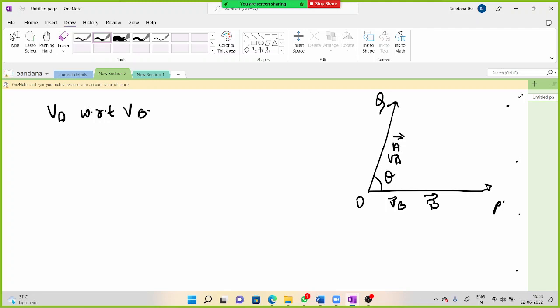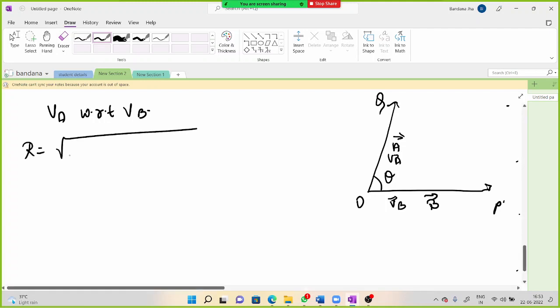For that, before starting these two positions, the same direction and the opposite direction, first we have to understand, as you have already studied about the vector rule, that V resultant is equal to under root A square plus B square plus 2AB cos theta. And the direction, tan beta, is equal to, what is the formula?